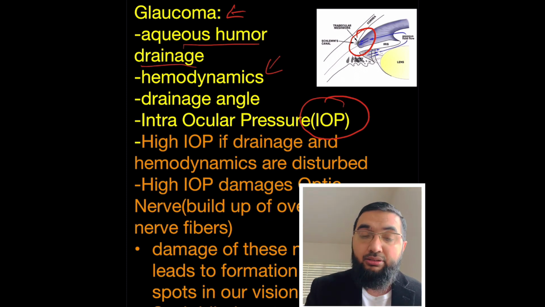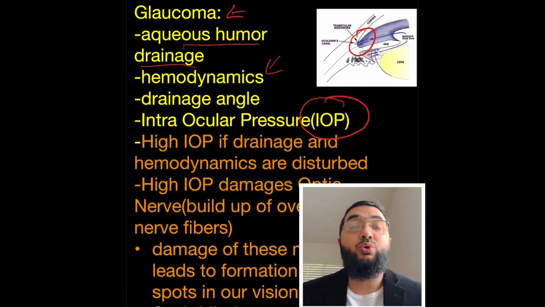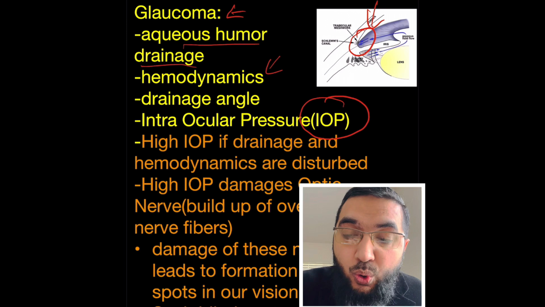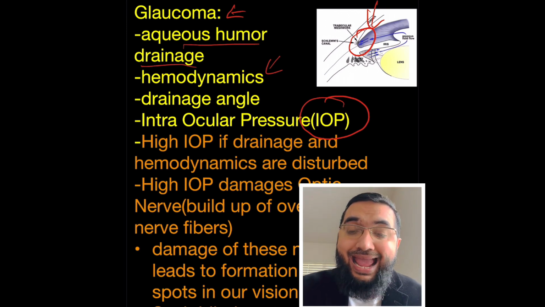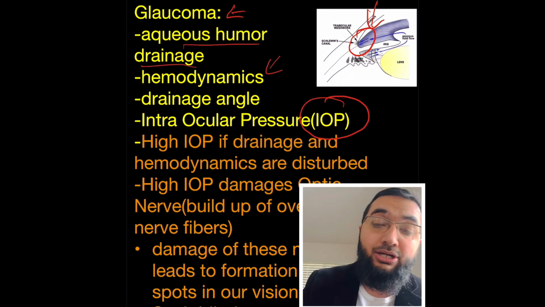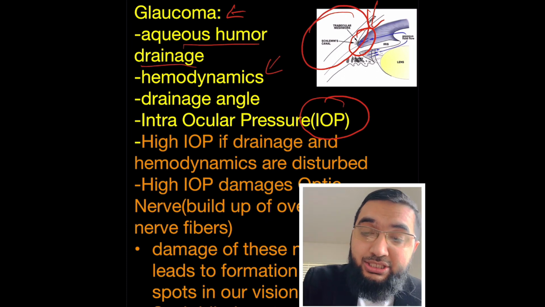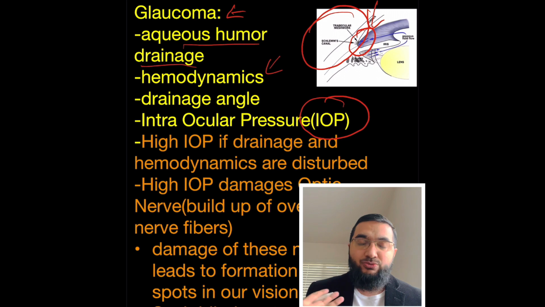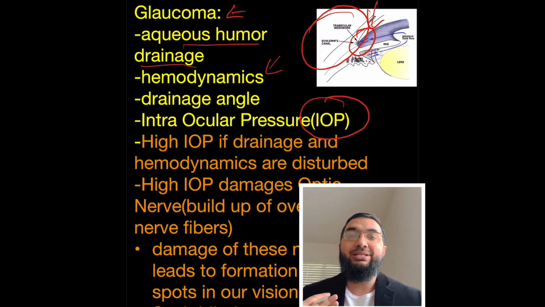That angle determines that drainage to a huge extent. Believe me or not, that's what I'm showing in this picture. That angle makes a huge difference. That drainage is what determines your hemodynamics.